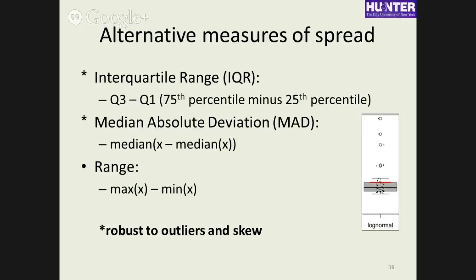So instead of squares of differences from the mean, it's just the differences of each value from the median. And actually, it's absolute. This should be an absolute value, and it's the median of those differences. And then range is just your maximum minus your minimum values. And I put stars by these two because they are robust measures. They're robust both to outliers and to skew.